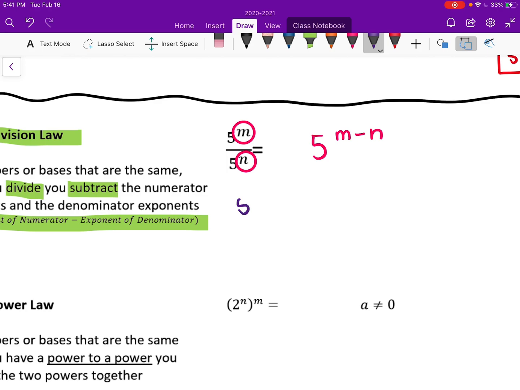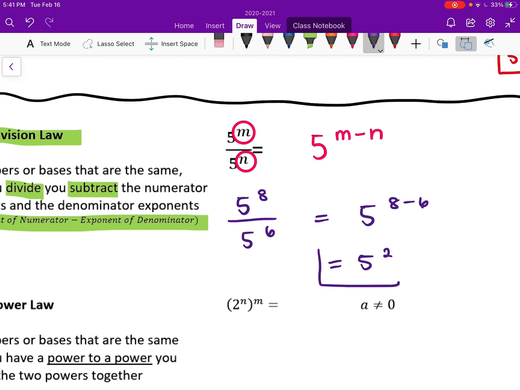So say I had 5 to the power of 8 over 5 to the power of, say 7, no, let's do 6. I would do 5, 8 minus 6, numerator minus denominator, which gives 5 to the power of 2.